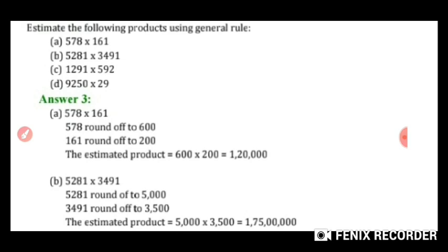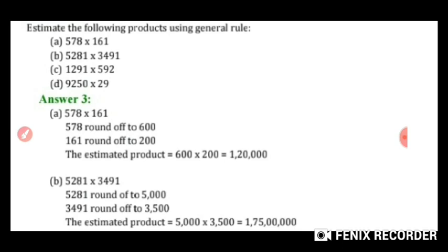There we add 1. Now see, the digit after 5 is 7, which is more than 5, a strong number. We round up, then it is 600. Then 161: the digit after 1 is 6, also a strong number, so add 1.